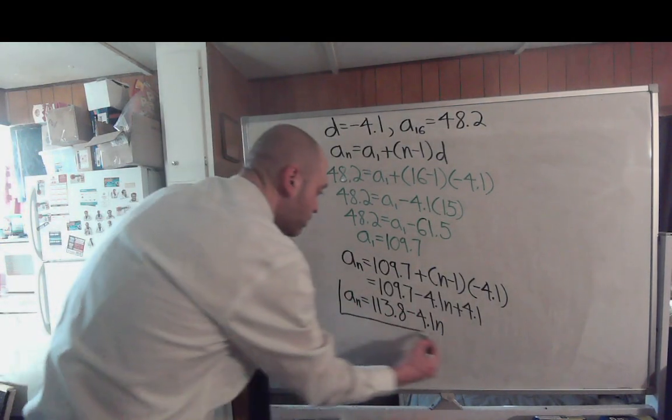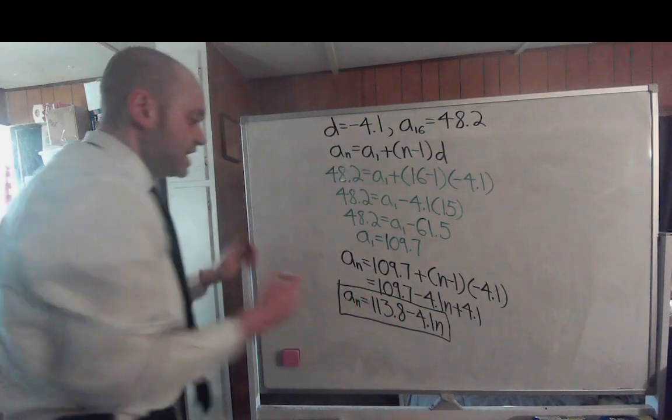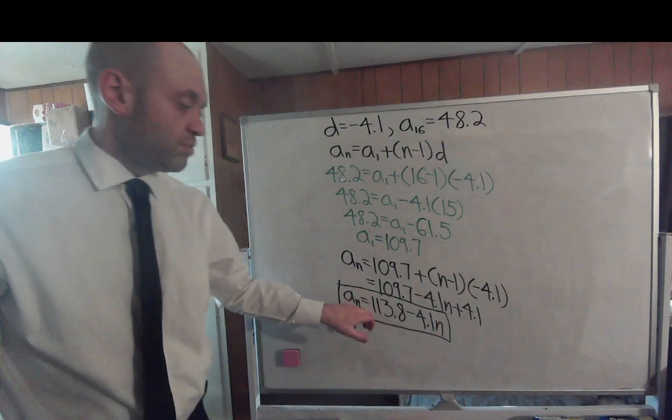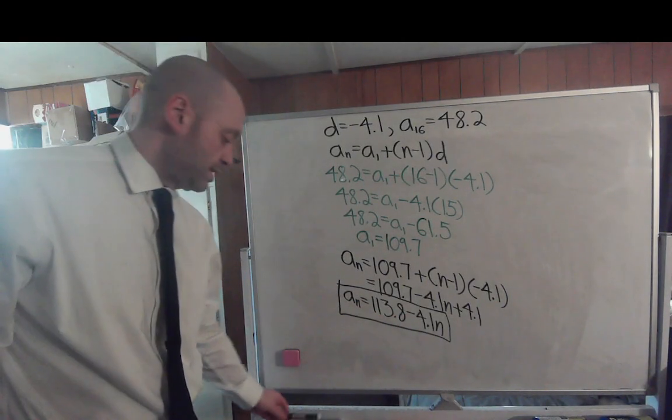So that is the formula for the nth term of this sequence. A sub n equals 113.8 minus 4.1n.